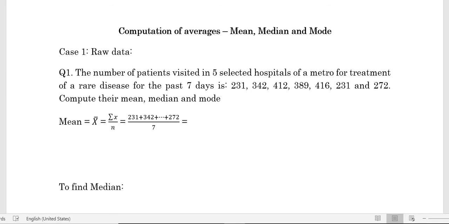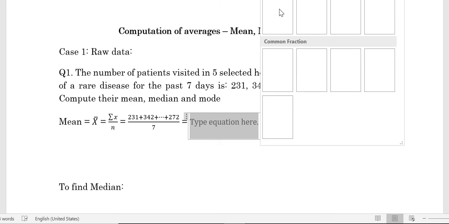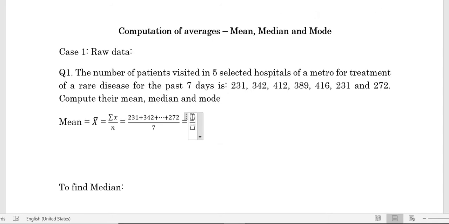So when we compute it, what is the total? Let's calculate what is the total of the numerator. Numerator total comes to 2293 divided by 7. And the answer is 327.57. Okay.